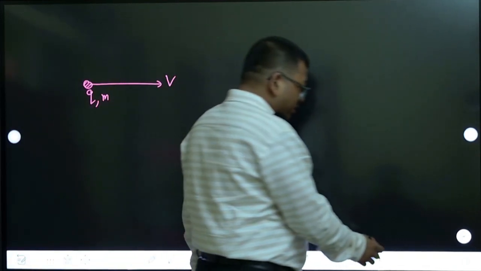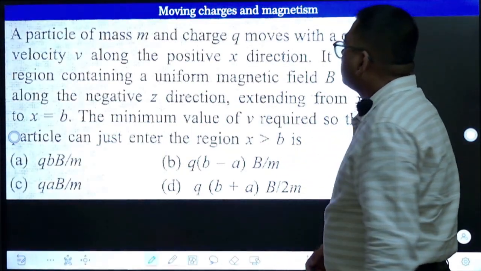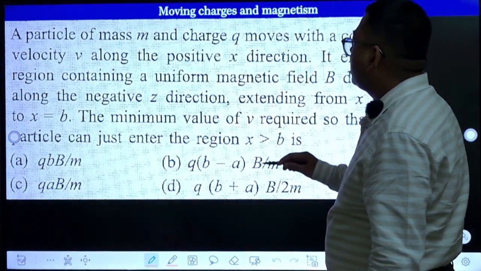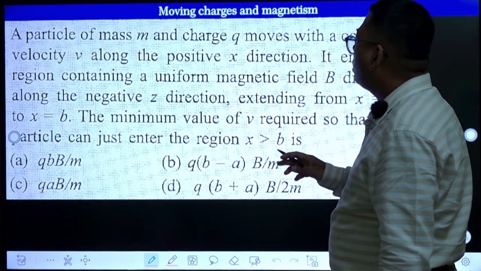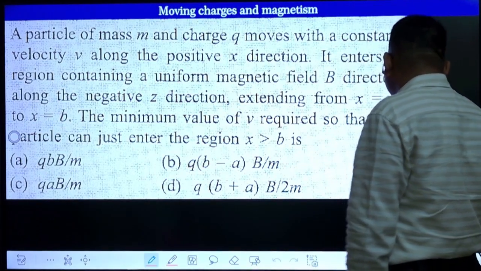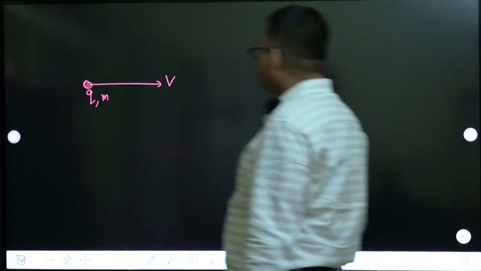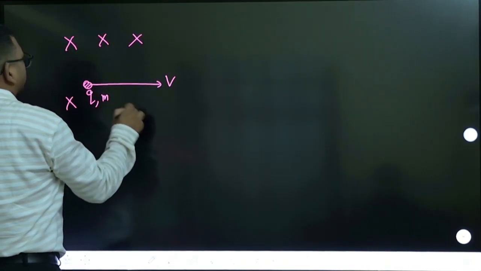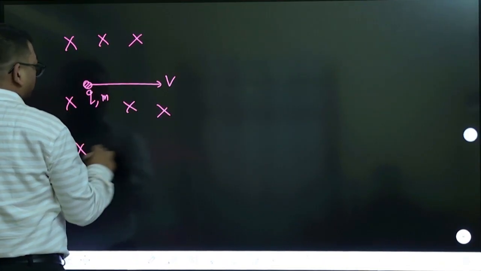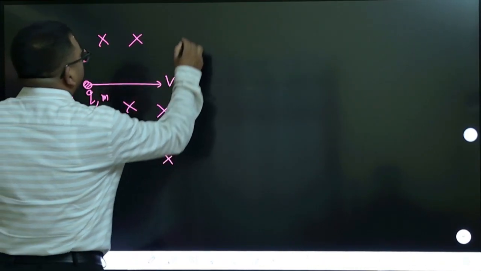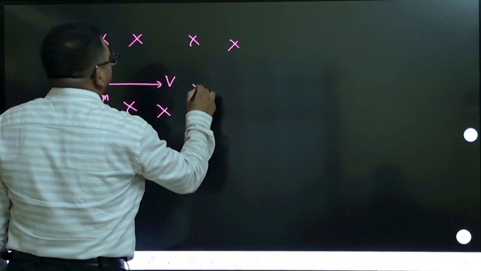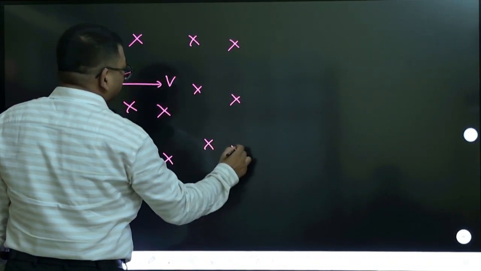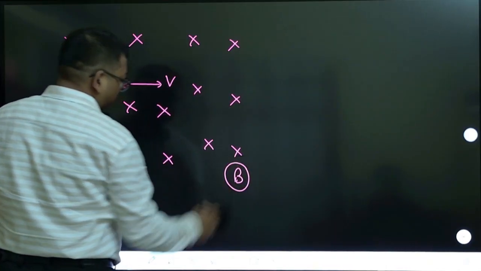Which direction is the field existing? The field is directed along negative z, meaning inside. So let us take the field as cross, like this. Magnetic field is inside.